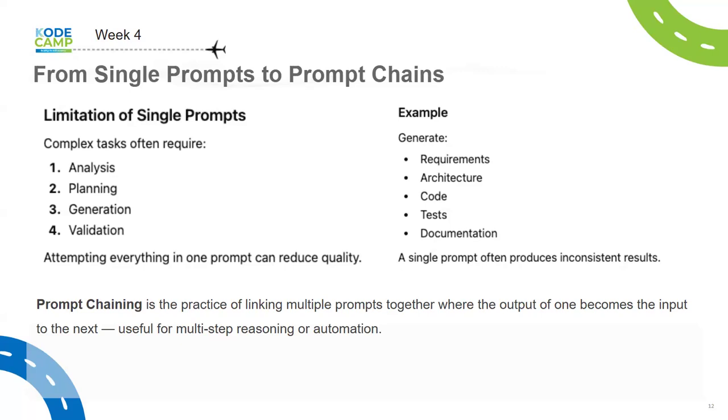Most complex tasks will require analysis, planning, generation, then validation. A good example, which we'll talk more about, is where you have to generate requirements, architecture, code, test, and documentation. It's not a good idea to try to squeeze this into a single prompt. That's where the idea of prompt chaining comes from.